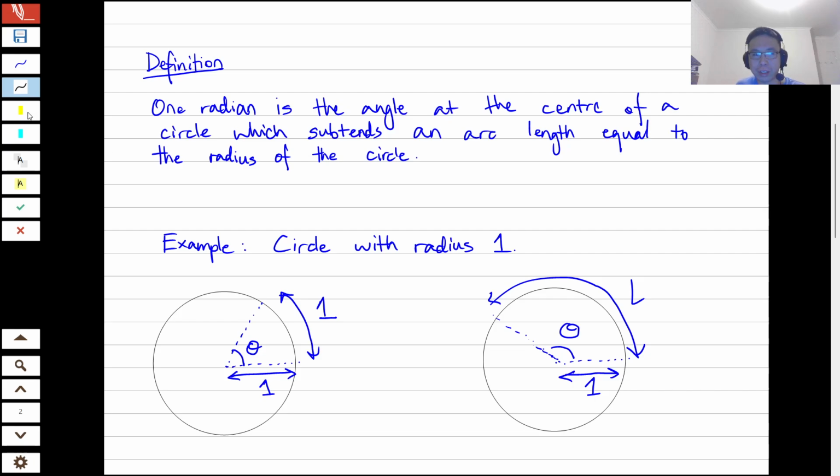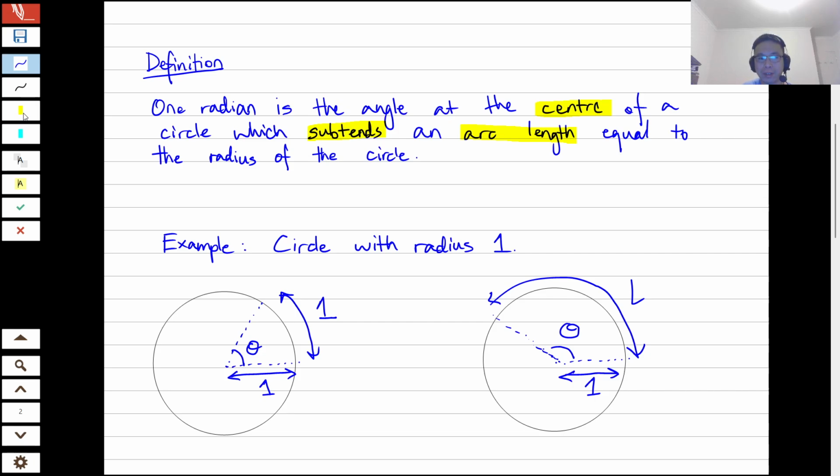You don't need to know the definition of the radian as precisely as this, but it's worth stating. So if I draw a circle and I consider the arc length, which is subtended from the center, we're going to define 1 radian to be the angle such that the arc length, which is on the outside of the perimeter of the circle, is equal to the radius.